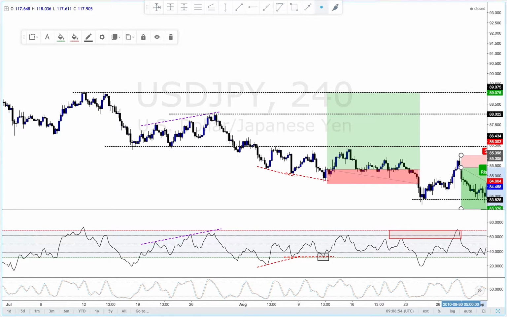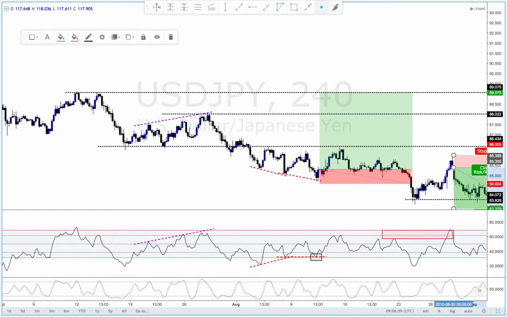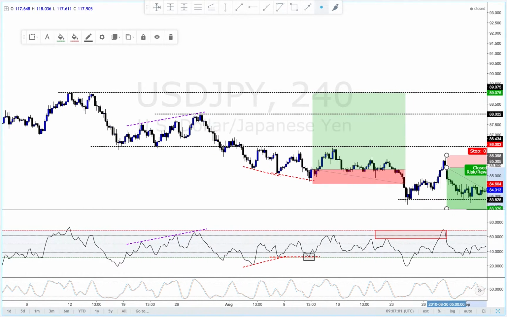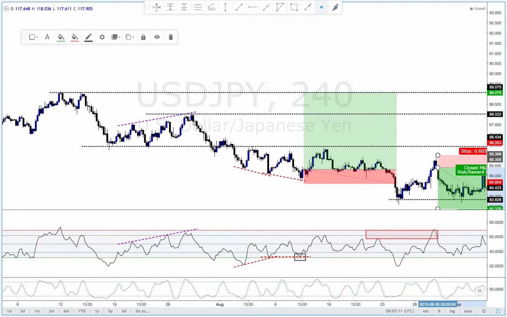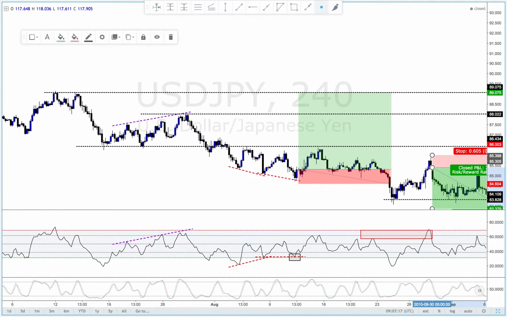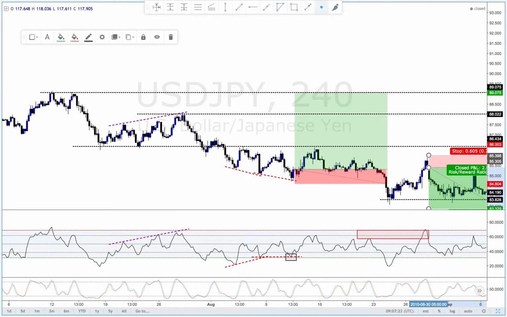Scrolling. RSI is below 50. We're staying in the trade. Okay, it pops up. We keep scrolling. Still in the trade. No reason to exit. Back below 50. TP1 hit. We locked in profits.